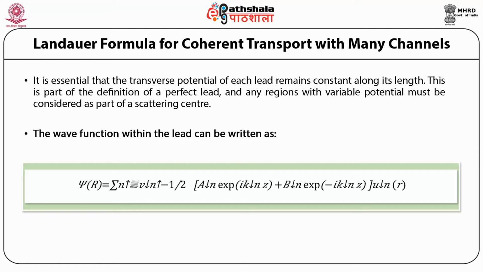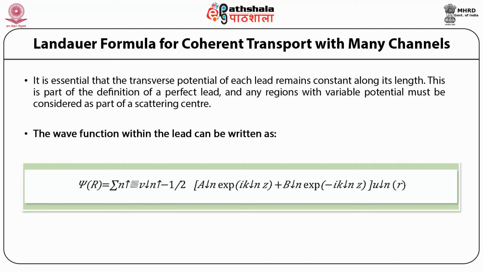So the wave function within the lead can be written as psi(r) equal to summation over n of vn to the power minus half, multiplied by an[exp(ikn z)] plus bn exp(-ikn z), multiplied by un(r). So transverse states are labeled by n with wave functions un(r) and energies epsilon n.